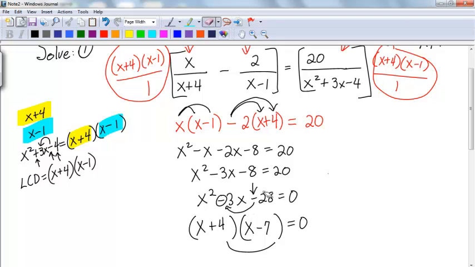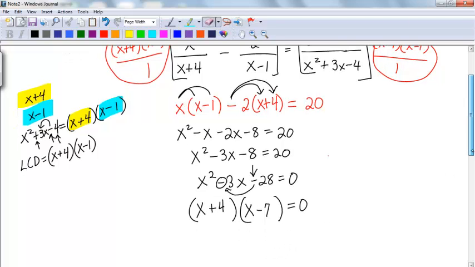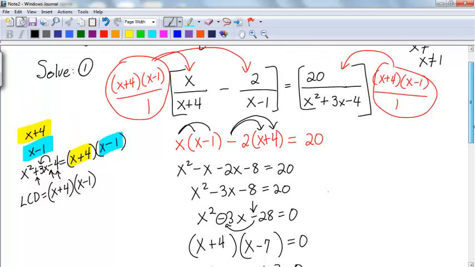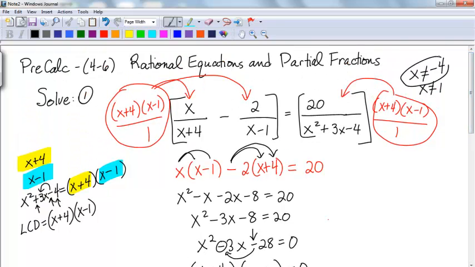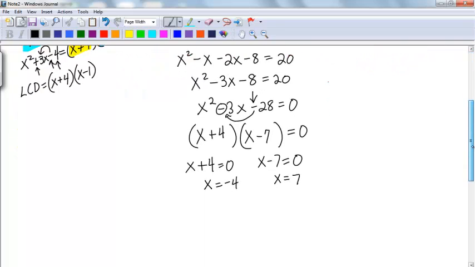Agree with that? Then set each one of those equal to 0. Either x plus 4 equals 0 or x minus 7 equals 0. So x equals negative 4 and x equals 7. But up here we said x can't be negative 4, so you have to reject that.